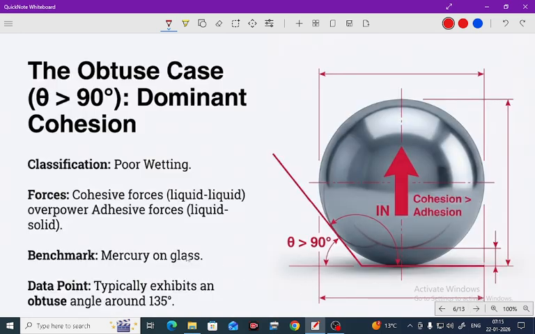Next important thing is the obtuse angle, theta greater than 90 degree, dominant cohesion. In this case, cohesion force is greater because the angle is greater than 90 degree. Classification: poor wetting or minimum surface contact. Number 1 is poor wetting and number 2 is minimum surface contact.